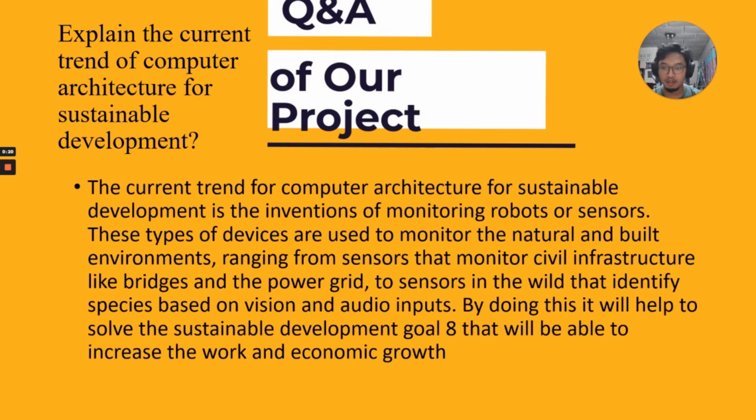Our answer is that the current trend for computer architecture, or CA, for our sustainable development is the invention of monitoring robots or sensors, these types of devices that are used to monitor natural habitat environments, ranging from sensors that monitor civil infrastructure like bridges and power grids. It can display what we need, as the subtopic we chose is display.